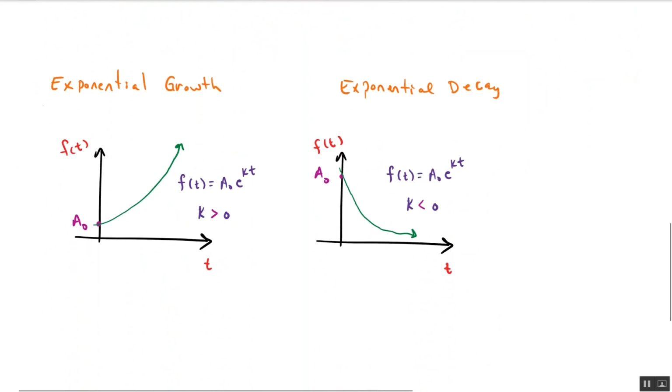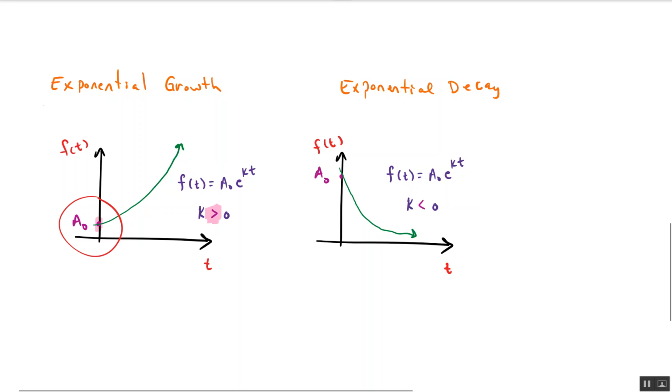On the left-hand side, we have a graph of the exponential growth. We know it's growth, one reason, because the k constant, the growth or decay constant, is positive, so that means we know we're growing. We have an initial value of a naught. You can see a naught on the left, on the vertical axis, and there's an actual spot on the vertical axis where a naught exists. So that would be, say, we're going back to our Petri dish example, and we have 20 bacteria to start with.